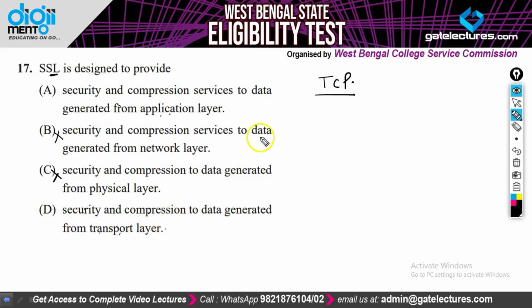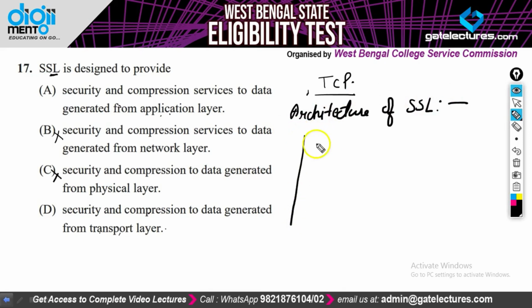Okay, let me just give you the architecture of SSL. Then you will clearly understand what I want to say. It goes like this. We have our application layer, and then we have our SSL layer. Okay, this is application layer, then our SSL, secure socket layer, then our TCP, then IP, or then your rest of the layers.